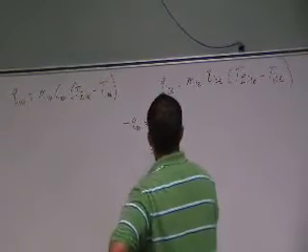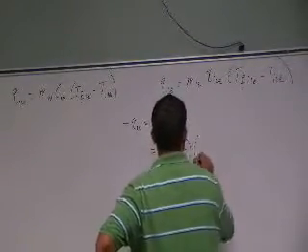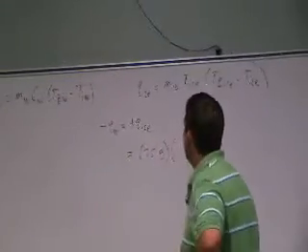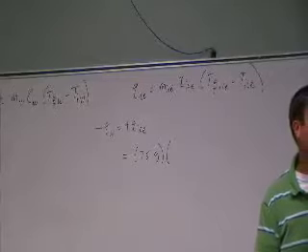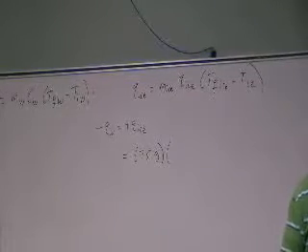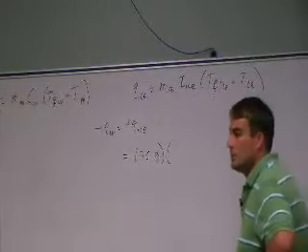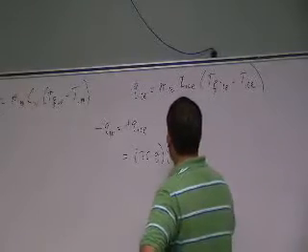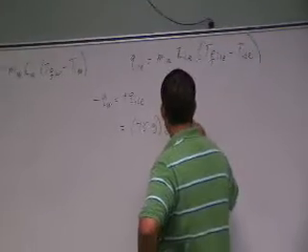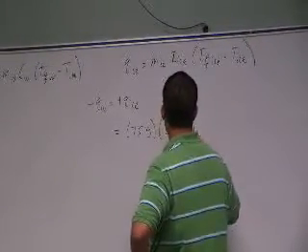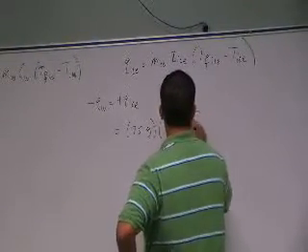Well, the mass of ice is 75 grams. What's the specific heat of ice? We did it last time. It was 2.00 something. Does anybody have their notes? 2.092. That's the specific heat of ice.